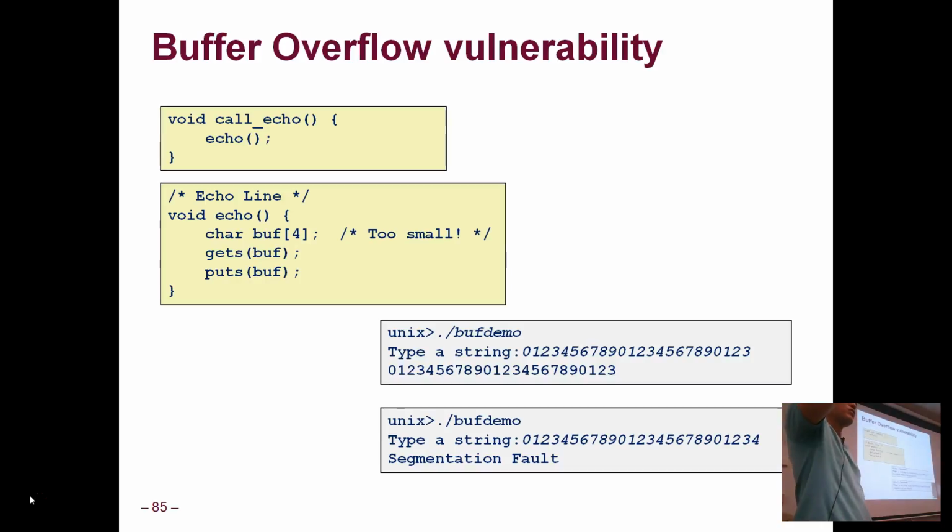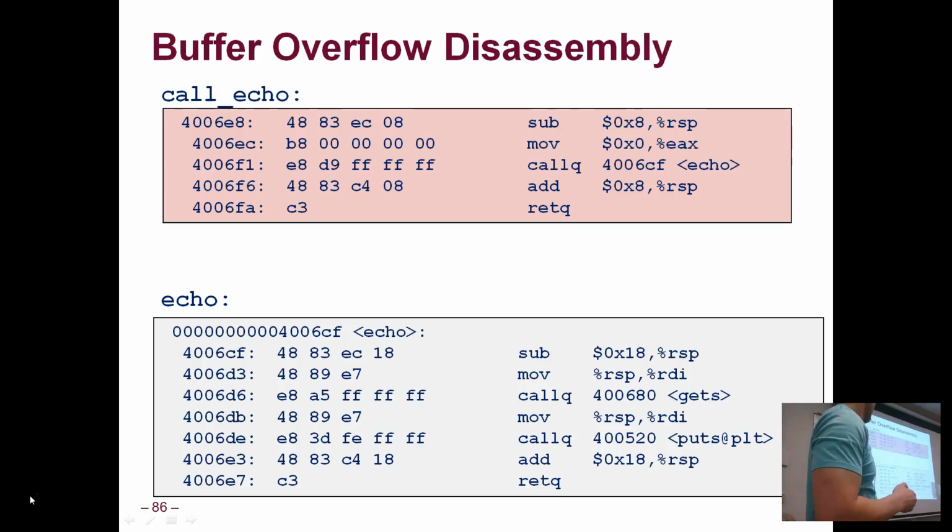And when you get this segmentation fault, it'll give you the address that caused that segmentation fault. So if you planned your pattern of characters right, you can uniquely identify the characters here that map into the return address that you want to overflow. So that would be a trick that I would suggest that you use.